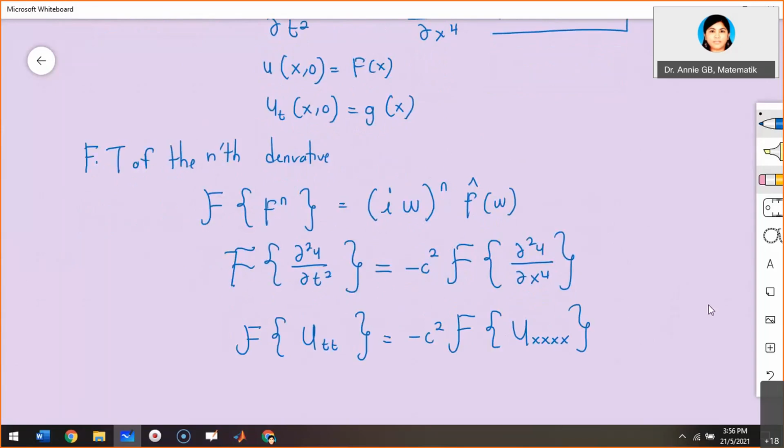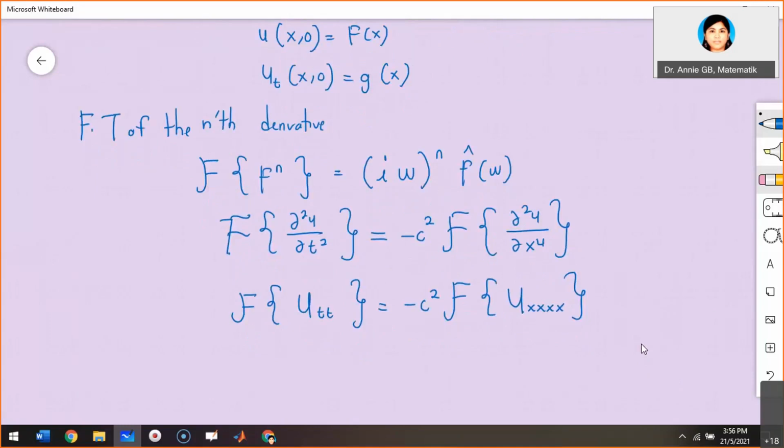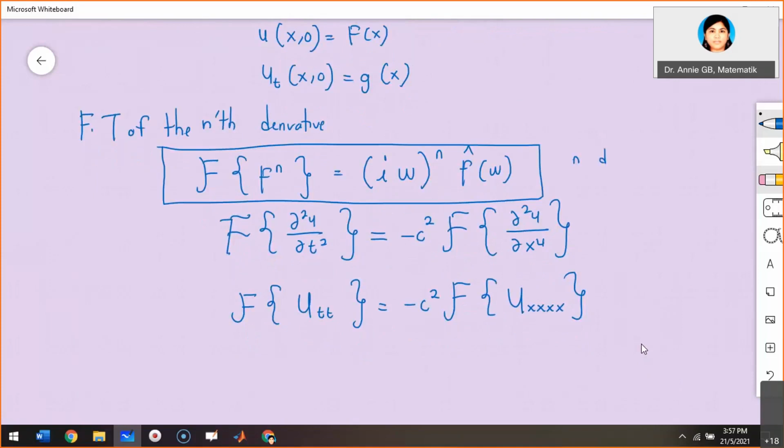Now, kita akan ambil Fourier transform for this one based on nota yang ni, table yang pada buku belakang. So, it said that n ni, the nth is my derivative. Okay, n ni adalah derivative. So, ni adalah second derivative, betul tak? But we are taking the derivative with respect to x, not respect to t.